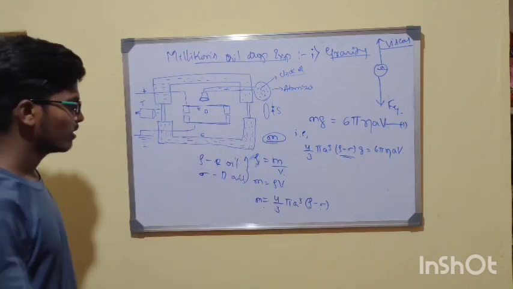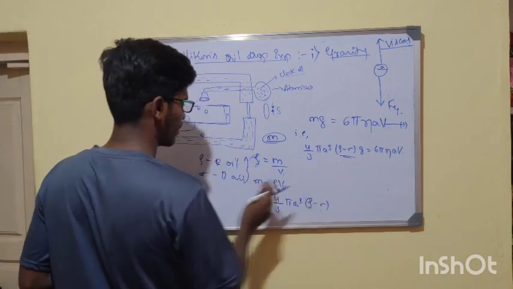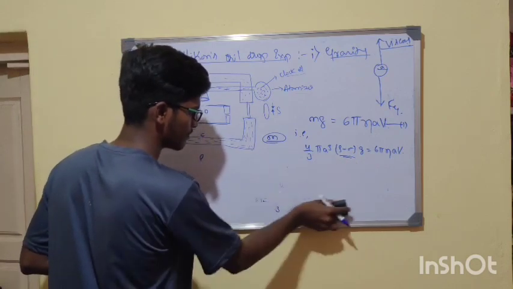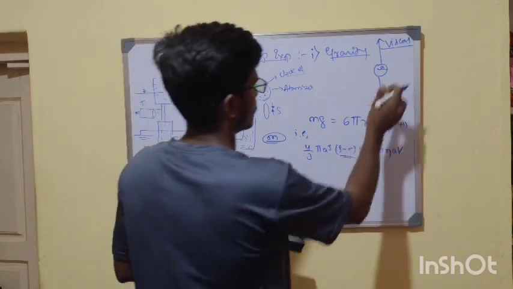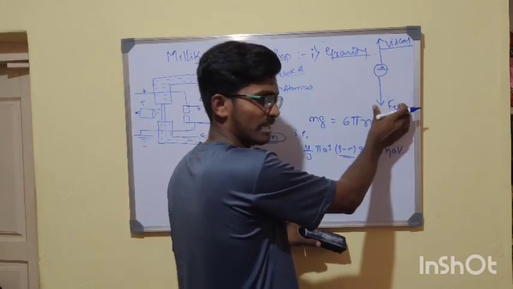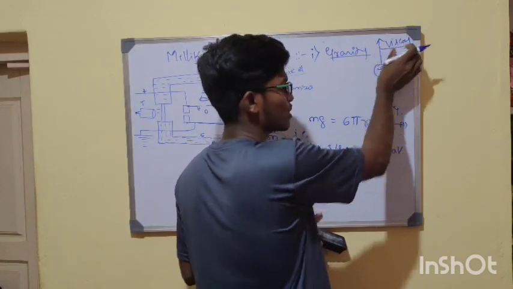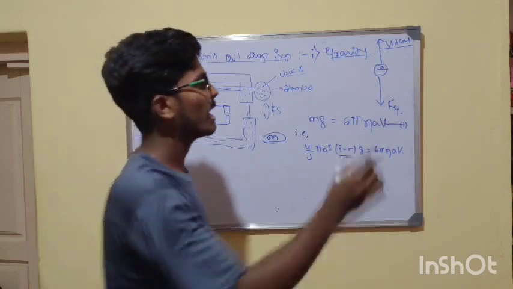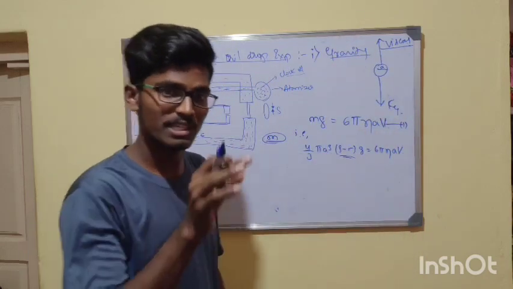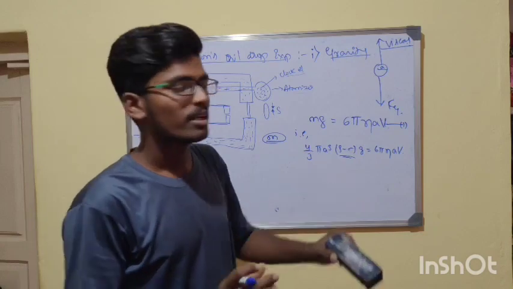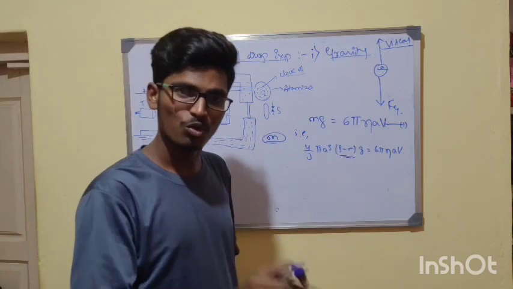How do you write that? I will give the clarification. Whenever this oil droplet is under the influence of gravitational force, the viscous force will oppose it. At the same time, there is an upthrust force which also opposes the motion of that oil droplet.